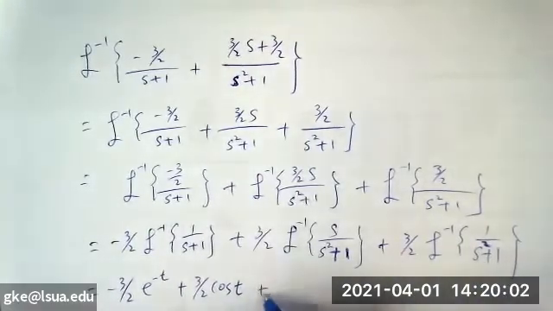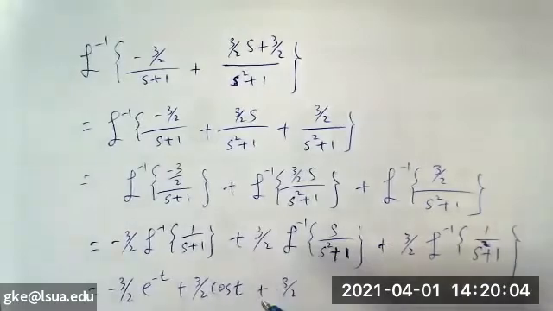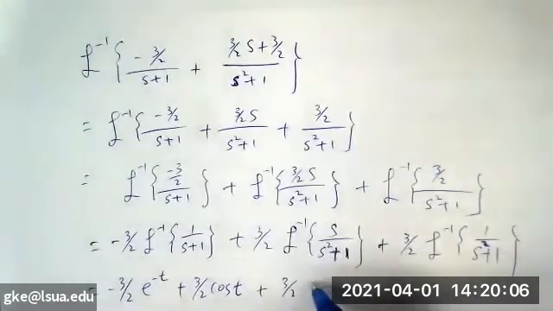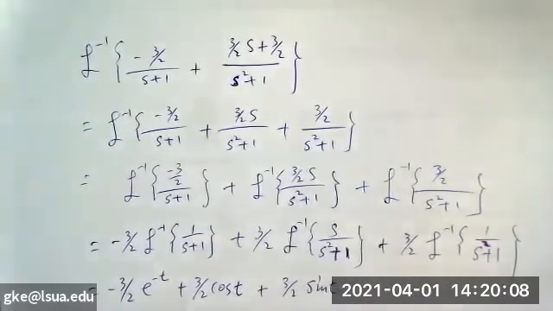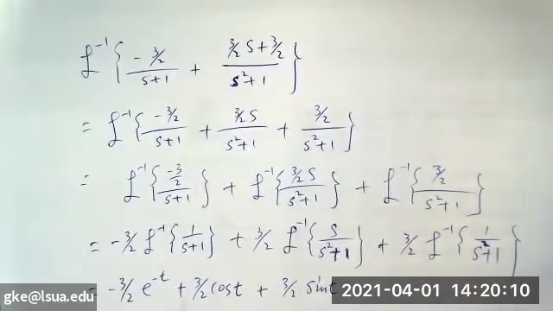And for the third term, that is 3 over 2 sine t. That's it. Okay.